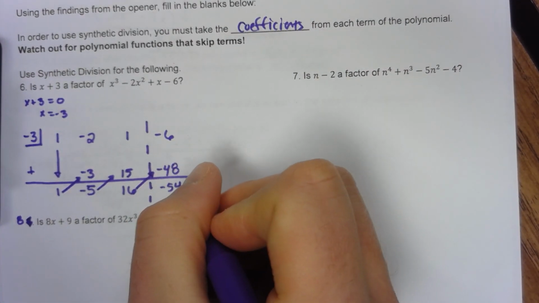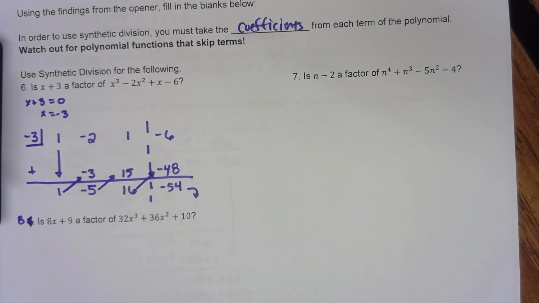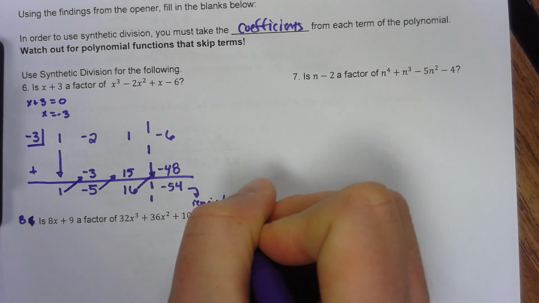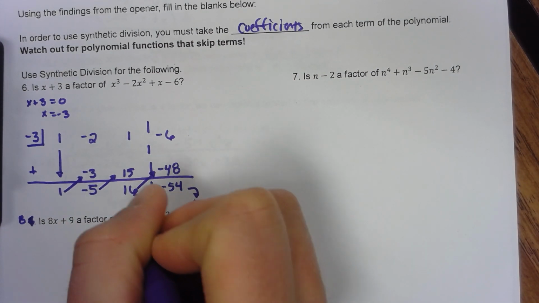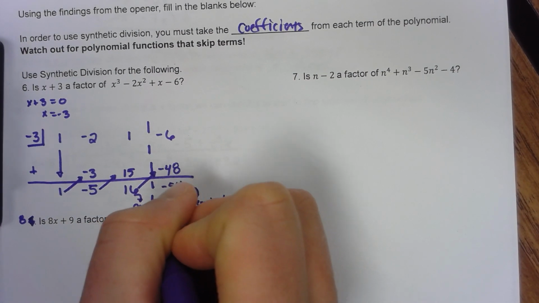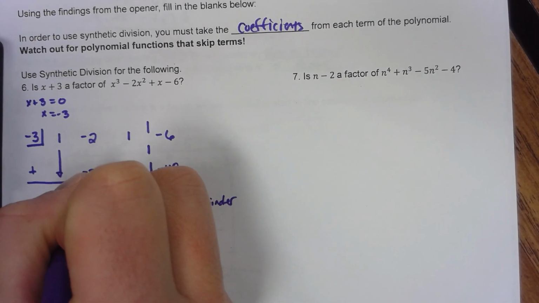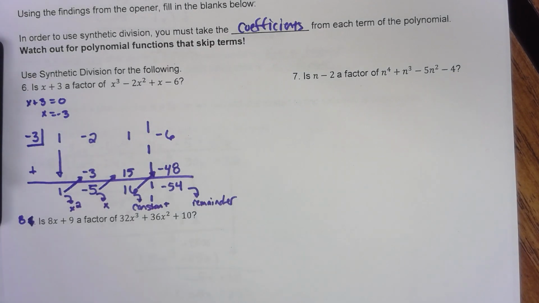Now again, interpreting these values is just as important as the procedure. -54 is that remainder. 16 would be the constant term. -5 would be the linear term. And 1 would be the quadratic term.